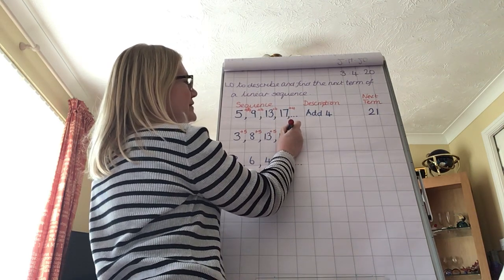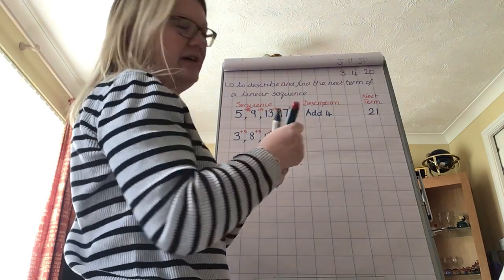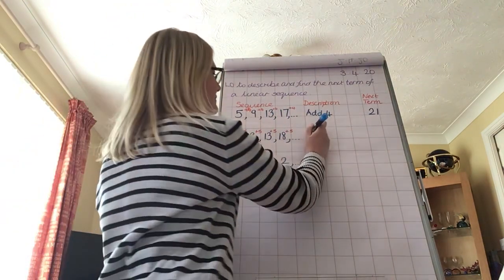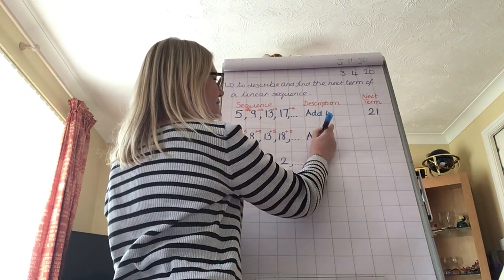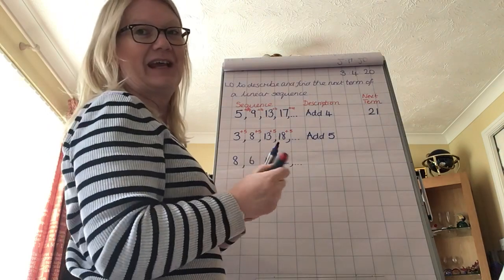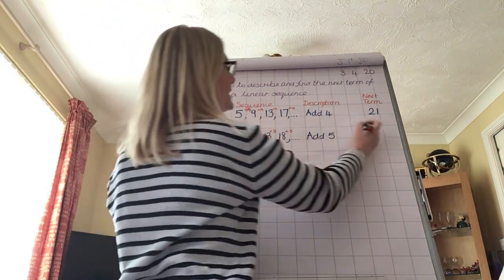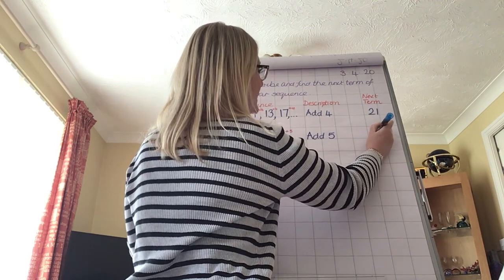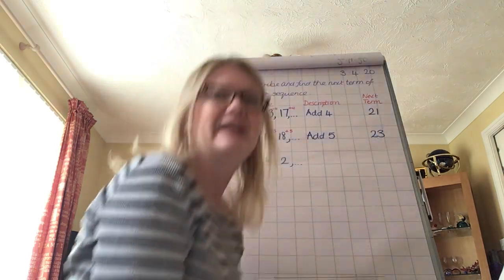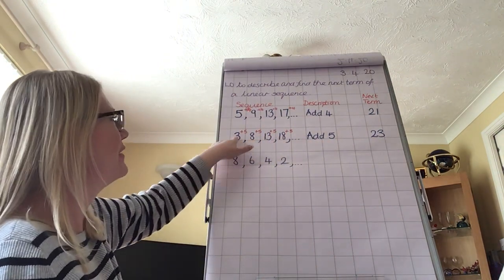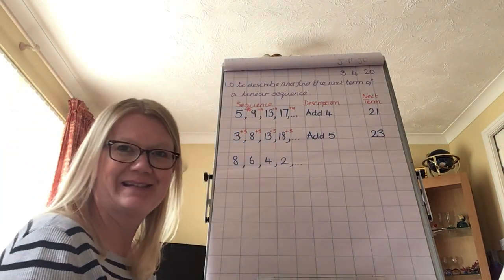So what will we have to do next? Add 5 again. So our description, well done, add 5, and our next term is going to be 18 plus 5, which is going to be 23. And you can see that follows the alternating pattern of your 3s and your 8s.